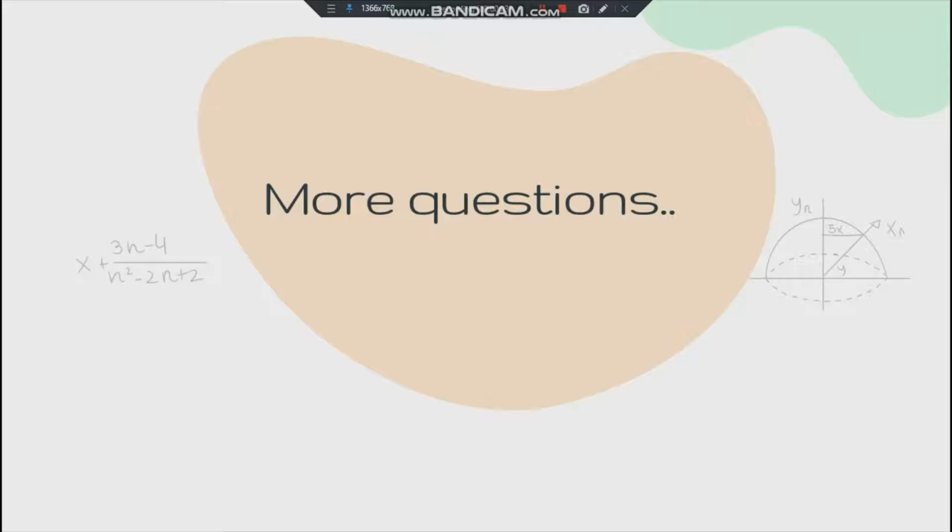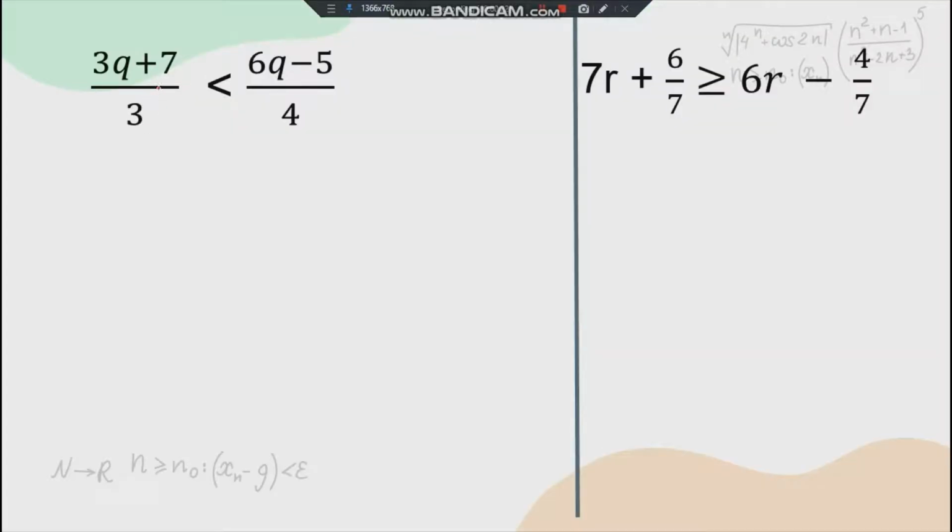Now we're going to look at more exercise questions. We have a fraction form on your left hand side and the same goes to your right hand side. The first thing we need to do before we solve our linear inequalities is to make sure our denominators are the same number.